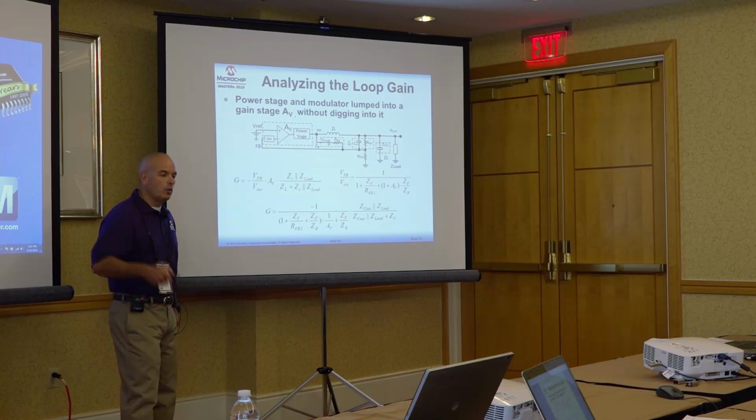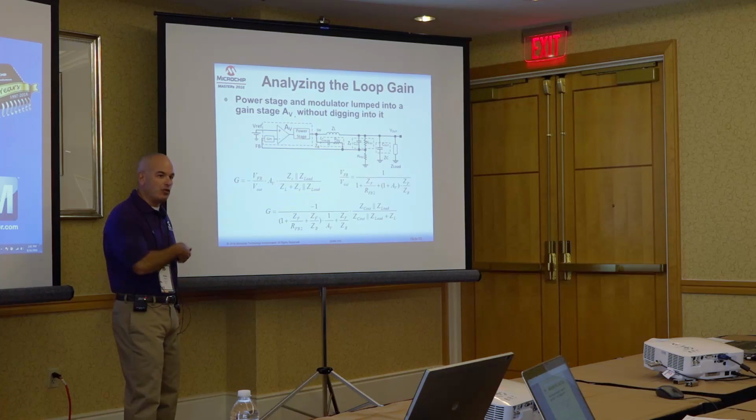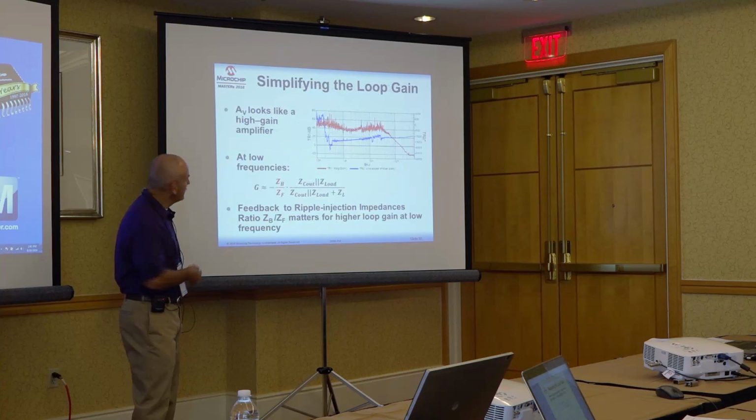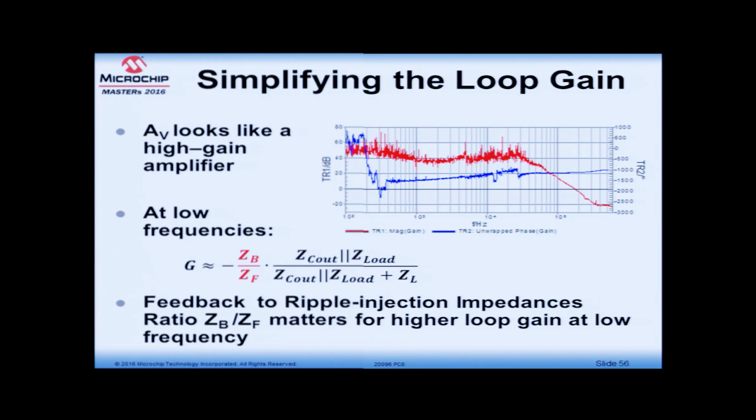Now, what do we do about AV? We measure it. The Bode analyzer can also measure fairly well, I would say, a transfer function if we're hooking the receiver input to a switch node, for example, a PWM output.